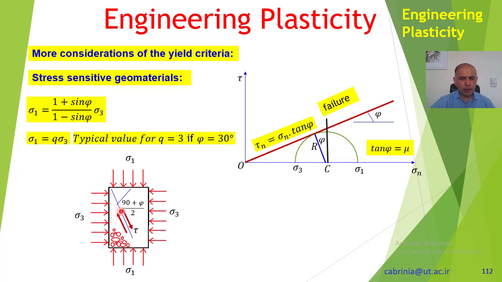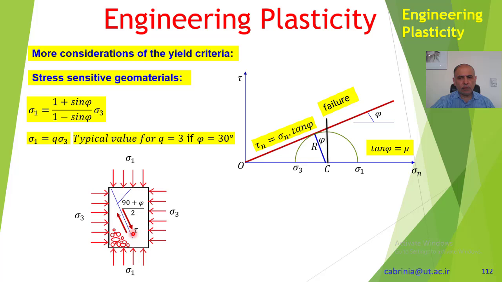The shear stress in fact causes failure on this plane, and as we mentioned before, if phi is 30, then that would be 90 plus 30, 120, divided by 2, 60 degrees will be the inclination of the plane on which the failure occurs. The shear stress becomes maximum, reaches the critical value, and a slip occurs and it fails.